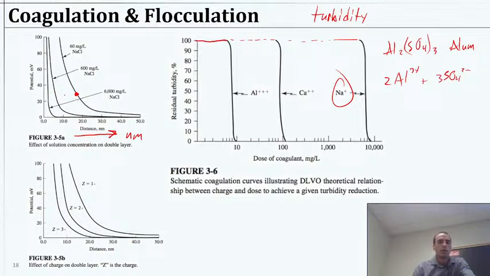Now, if we change and take a look then at the calcium, let's see. Oh no, excuse me. This is changing the amount. If we add 600 milligrams per liter, then we notice it's happening somewhere around 5 to 6 nanometers out into solution. And then finally, if we do 6,000 milligrams per liter, then we're really getting to the point where we are maybe 3 or 4 nanometers into solution.